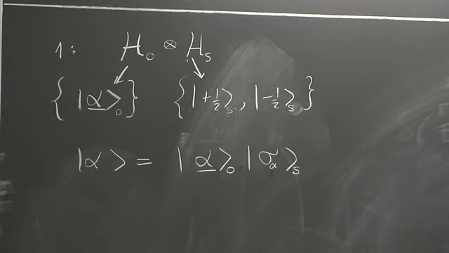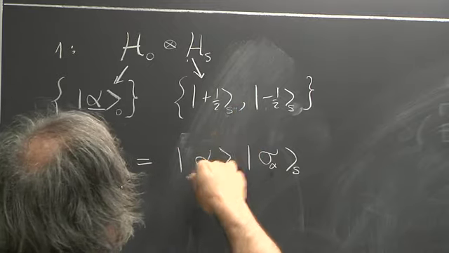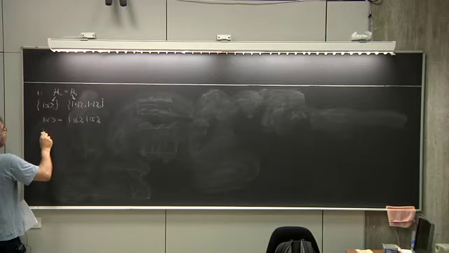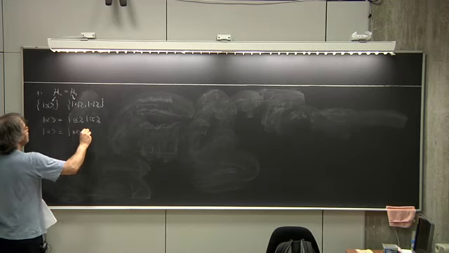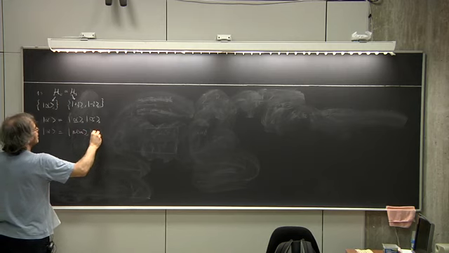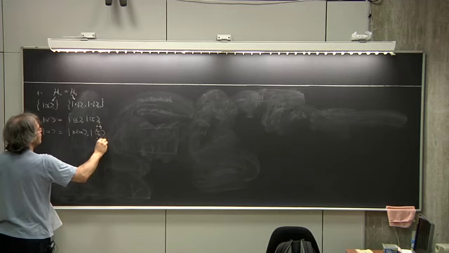So really the label is made of two pieces. For the orbit, I might have alpha as N, L, M, and for the spin either plus 1/2 or minus 1/2.